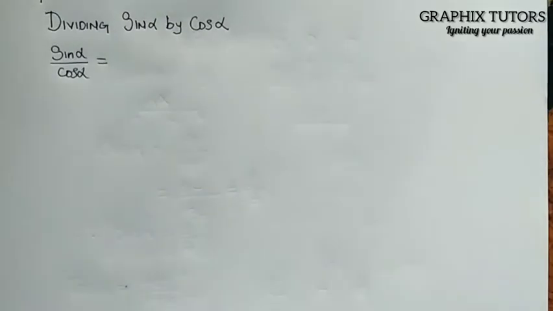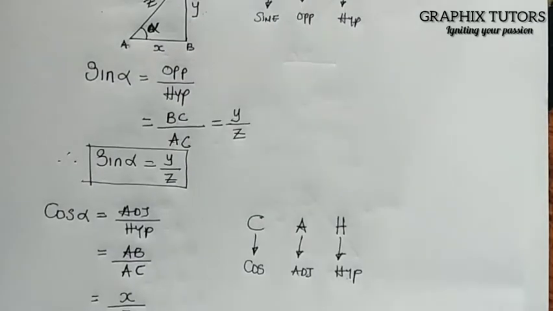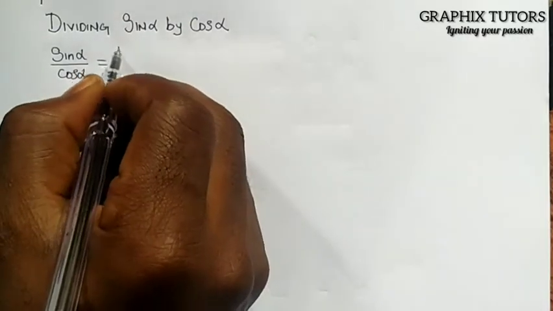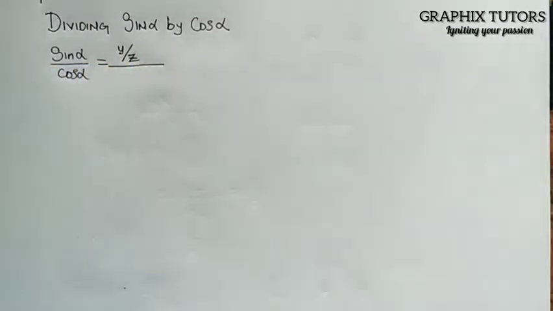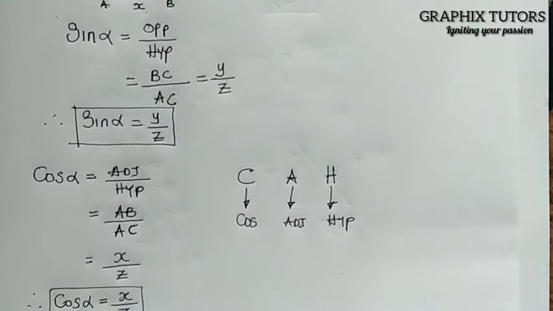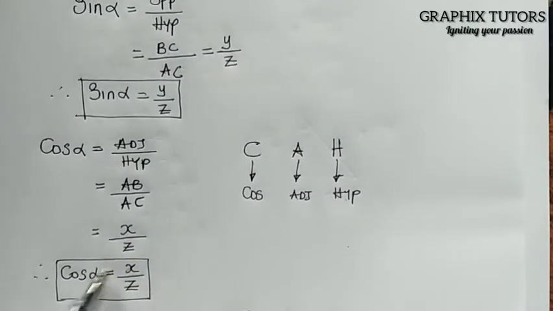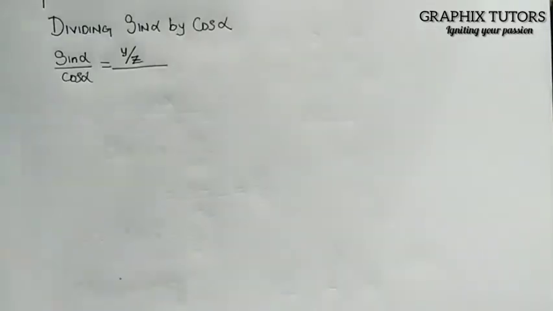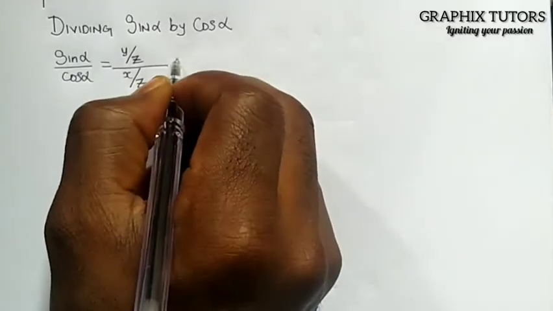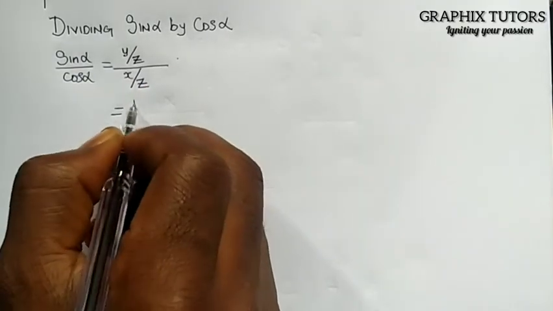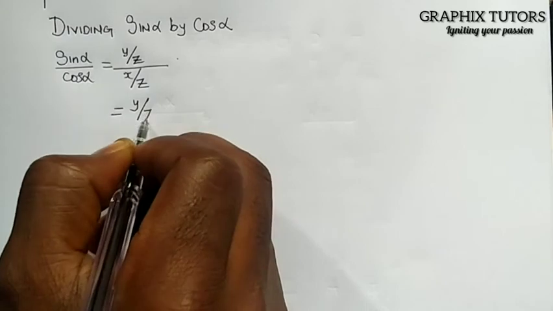And we know that our sine alpha is giving us y over z, all over cos alpha, and cos alpha is giving us x over z. You can see that? So if I move forward, I'll say my y over z.